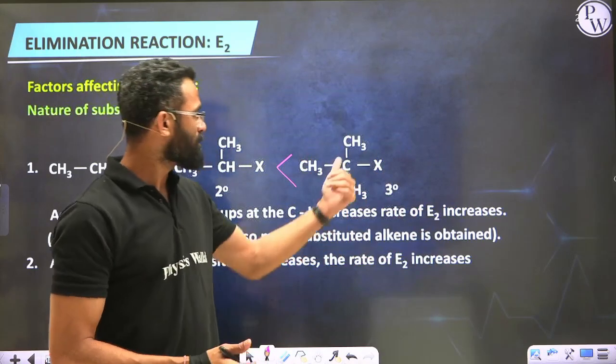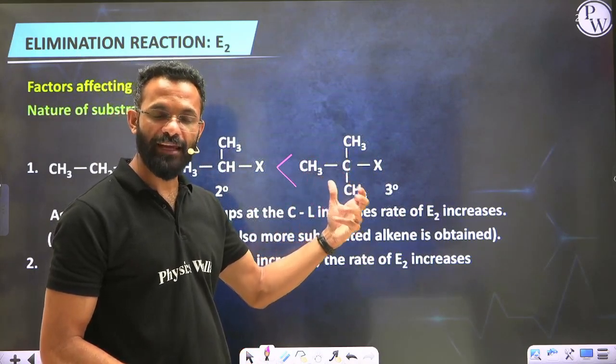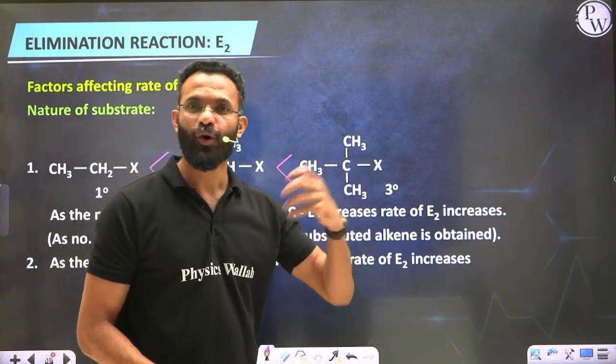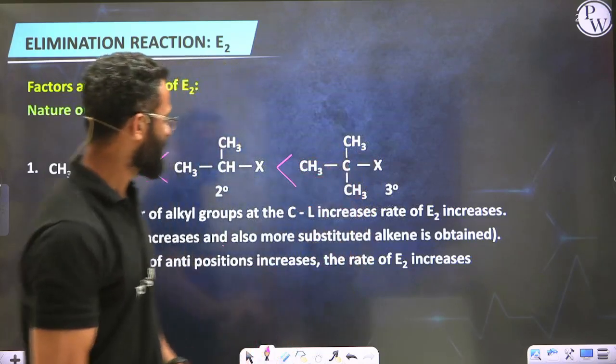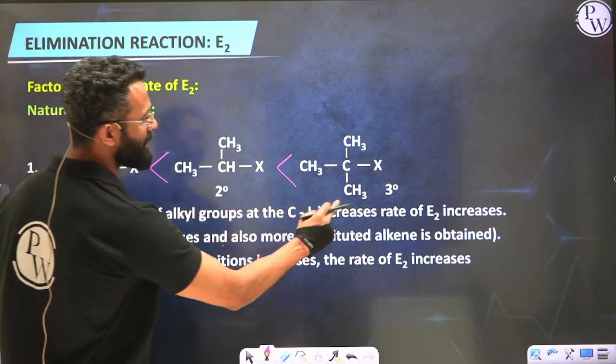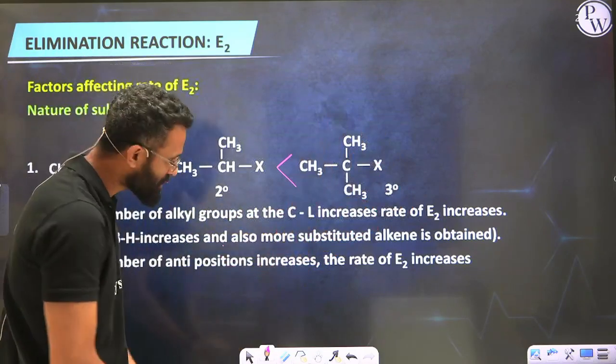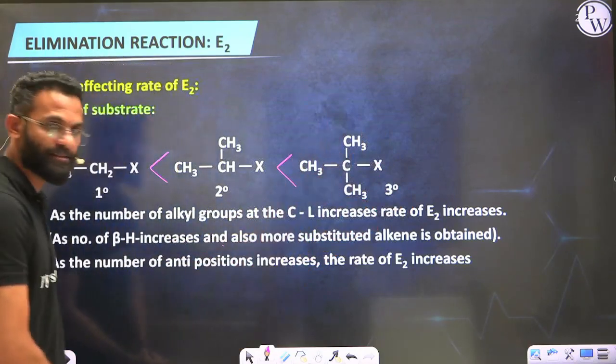Second, because there are more beta hydrogen atoms, the probability for a base to abstract a beta hydrogen also increases. Hence we say, as the number of alkyl groups at the carbon carrying the leaving group increases, the rate of E2 also increases, because in such cases you get a more substituted alkene.